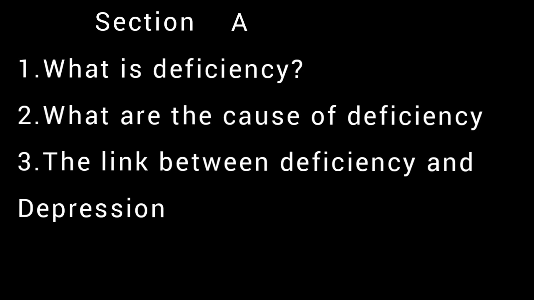Direct and indirect causes of deficiency, I classified them this way. Now the direct causes have to do with the student not reading very well, not attending classes, not paying attention during classes, not participating in the practical and theoretical aspects of the subject.